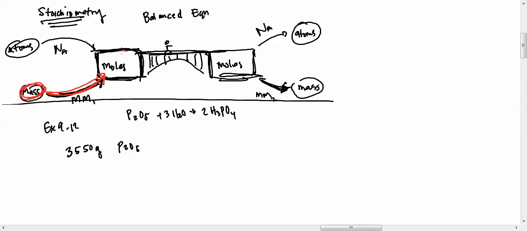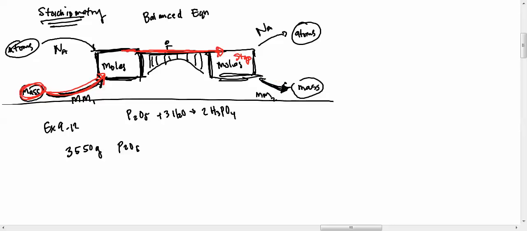Then we're going to use stoichiometry to get from here to here, and then we're going to stop. The reason we're stopping there is because they asked for how many moles of this stuff. They didn't ask for how many grams of it or how many atoms could be created. They just asked for how many moles. If they asked for grams, then we would travel down that leg and all that kind of stuff.